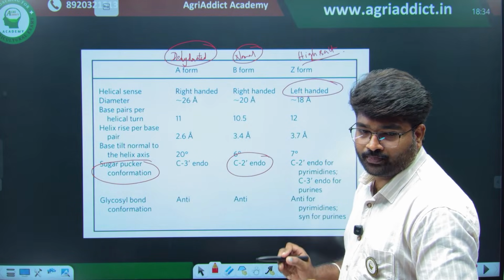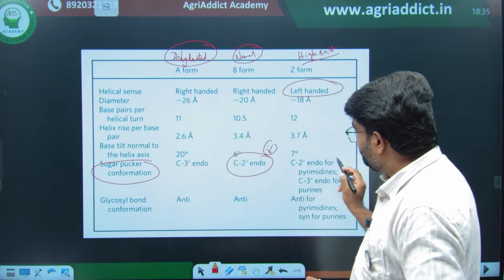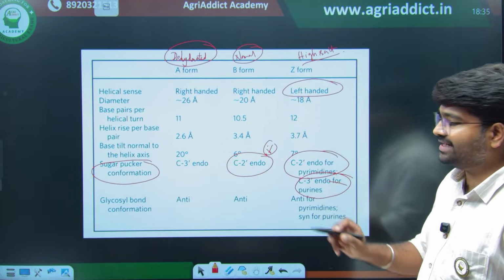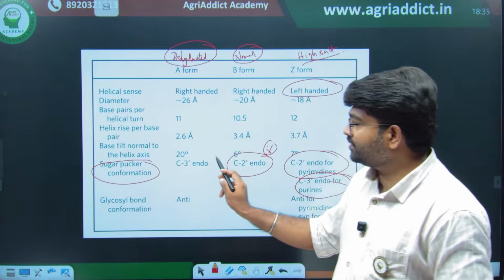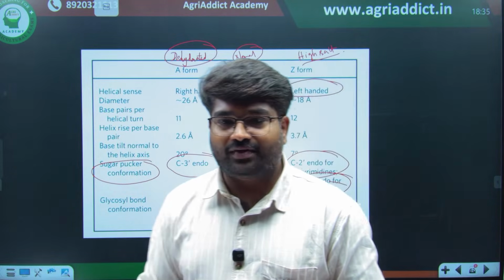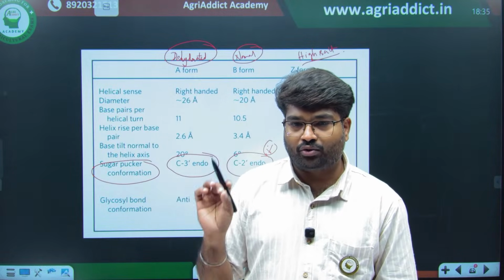In Z DNA, pyrimidines will have C2 endo and purines will have C3 endo. These things are very important. And in the A form, the sugar will always be puckered in C3 endo form. These three are very important points to remember.